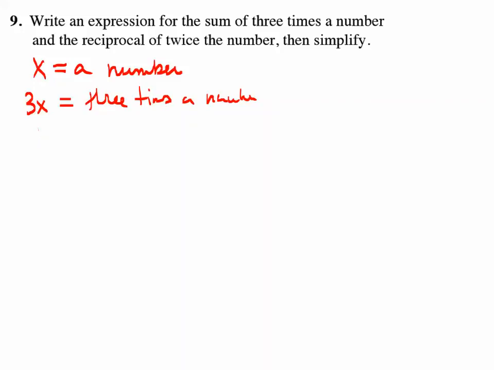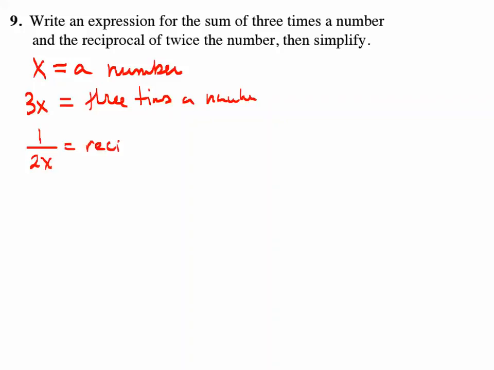Okay, and the toughy one here, the reciprocal of twice the number. How do you write the reciprocal of twice the number? As a fraction. The reciprocal just means we're gonna put a 1 on top and put whatever that is, twice the number, on the bottom. So 1 over 2x. There it is.